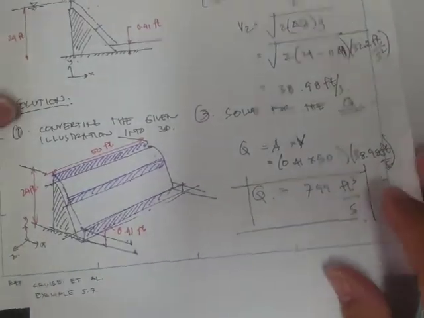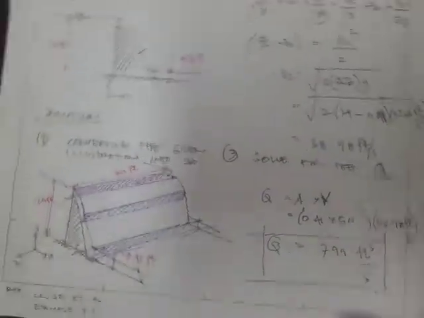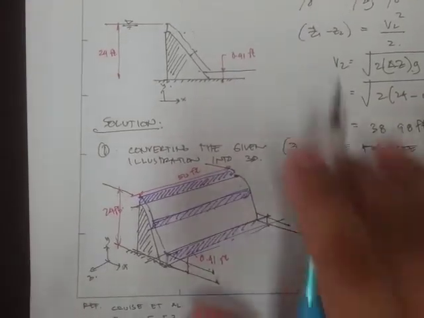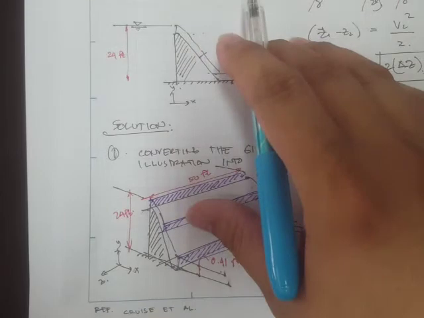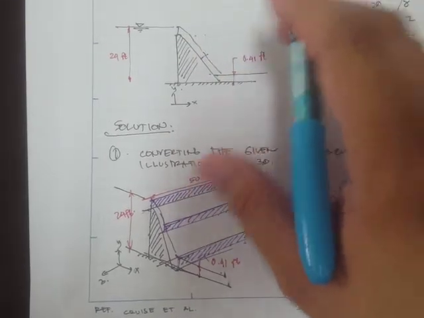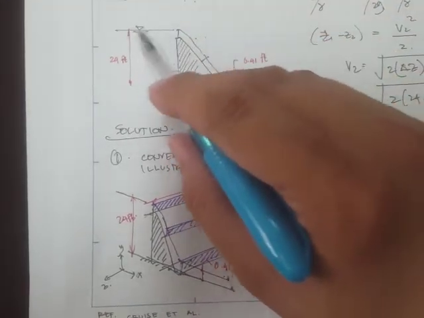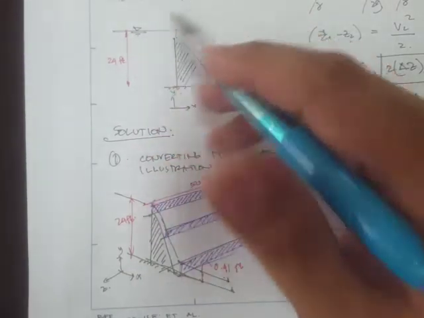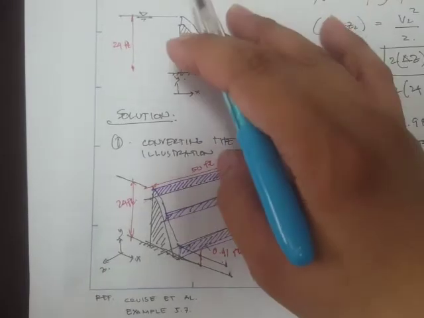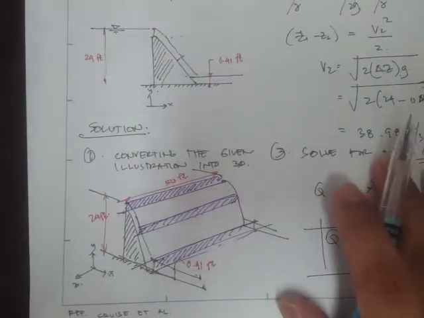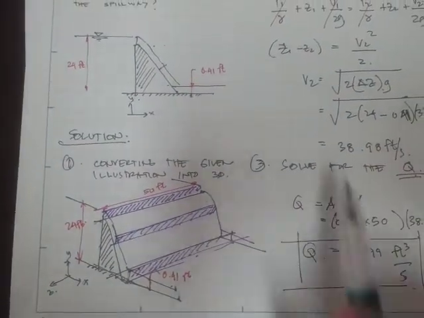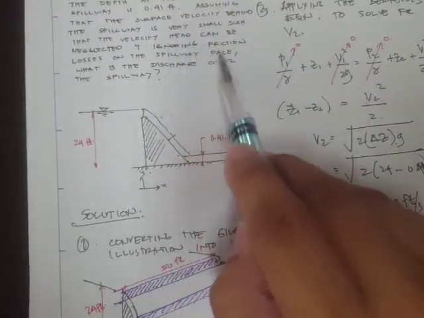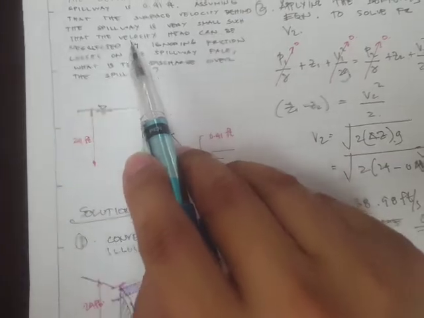Okay, so just to do a recap on our procedure. Now, this type of problem is actually an open channel problem because the fluid surface is exposed to the atmospheric pressure. So we first apply the Bernoulli's equation because it says here that we can ignore the friction losses, and it mentions the velocity head.